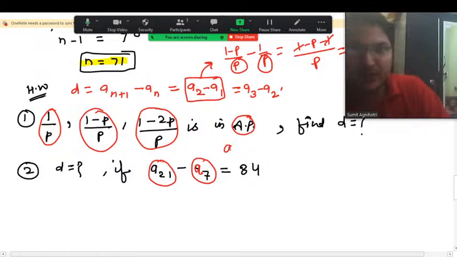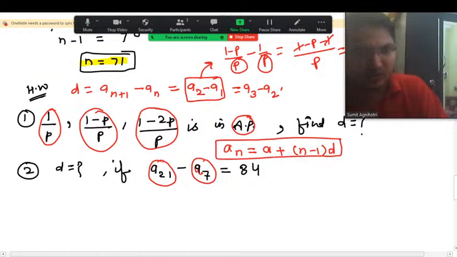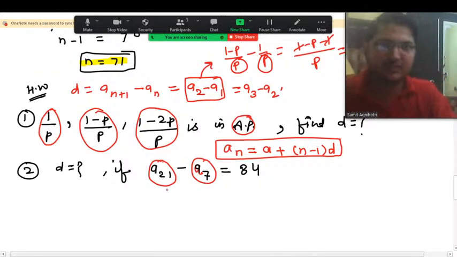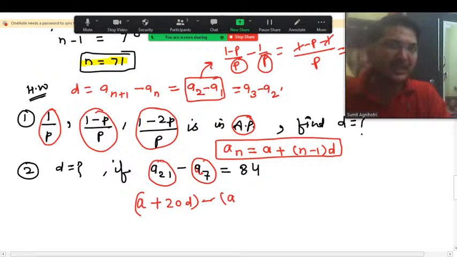For that, you need to recall the formula of the nth term of AP. And I think you must be okay with this formula now. If you apply this formula, a21 will be a plus 21 minus 1, that is 20d, and your seventh term will be a plus 7 minus 1, that is 6d, and you just equate it with 84.